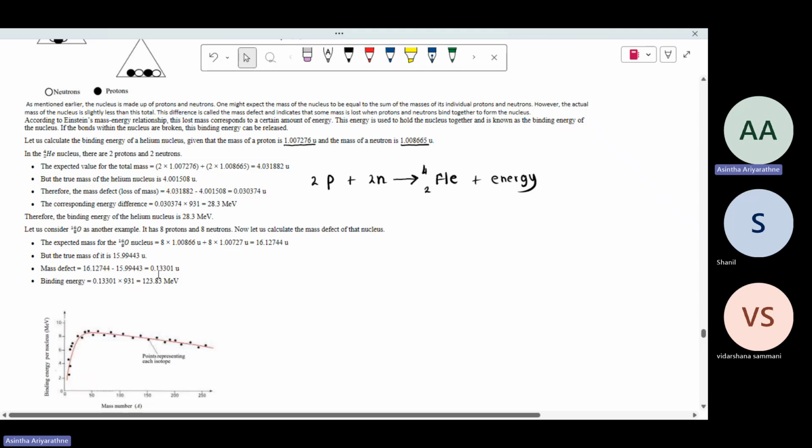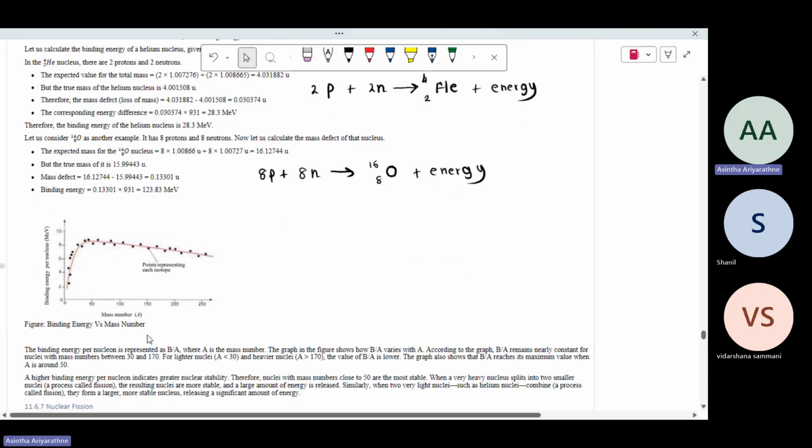The mass defect is different here. The binding energy is 123.83. So 8 protons plus 8 neutrons result in the oxygen-16 isotope plus energy.